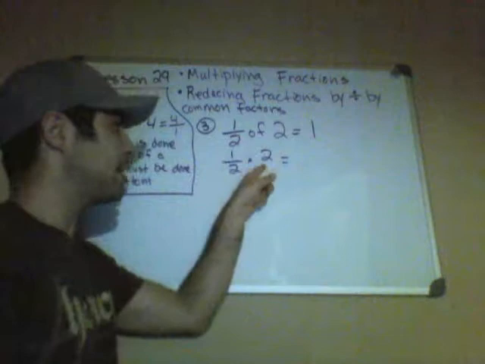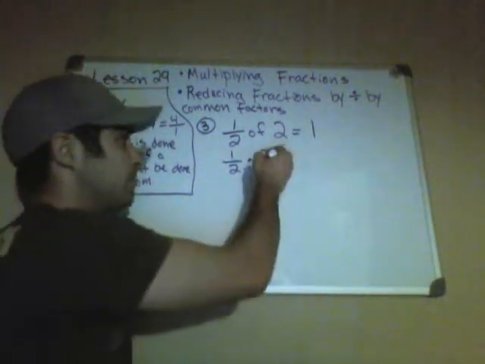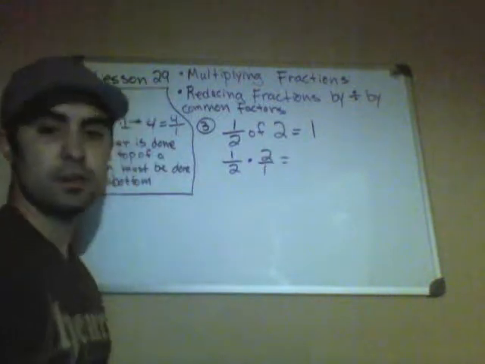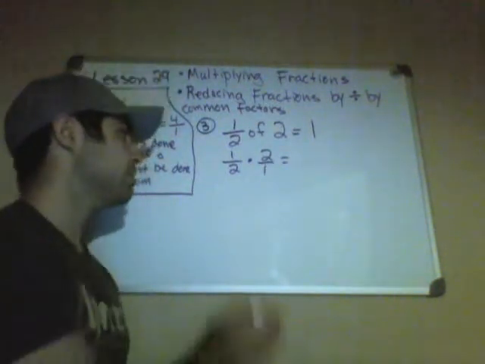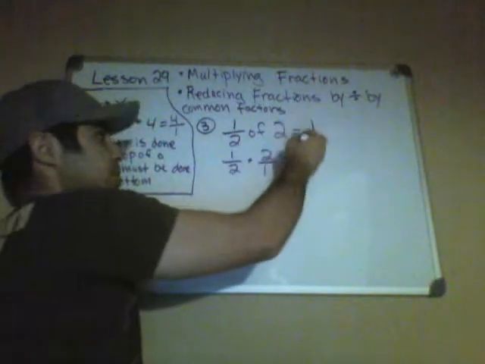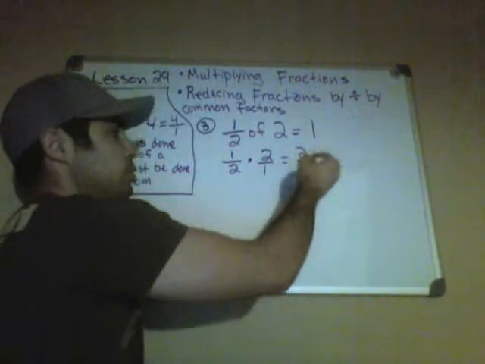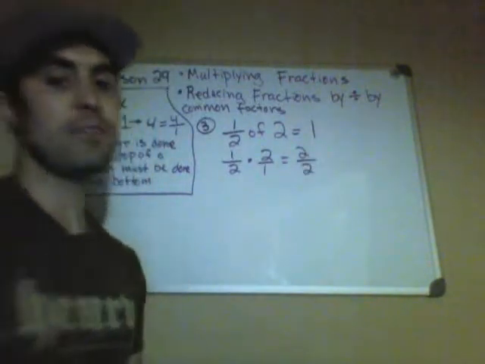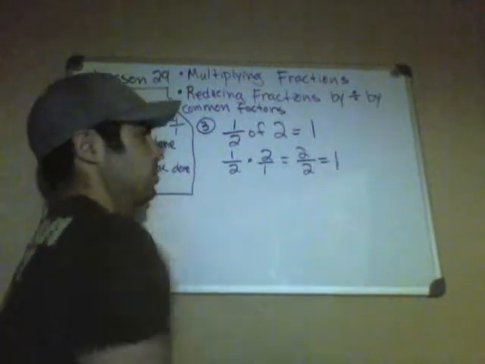So if you don't know how to make this into a fraction, remember, you can magically put a 1 right below it. Okay? Whole numbers have magic 1s right below them. Okay, so this is 1 times 2 is 2. 2 times 1 is 2. 2 over 2. Remember, anything divided by itself, top divided by bottom, 2 divided by 2 equals 1.